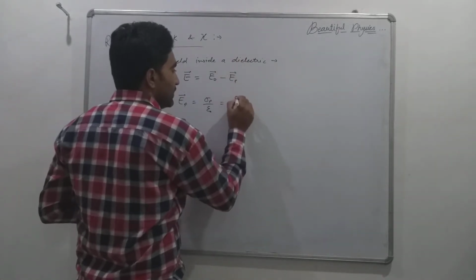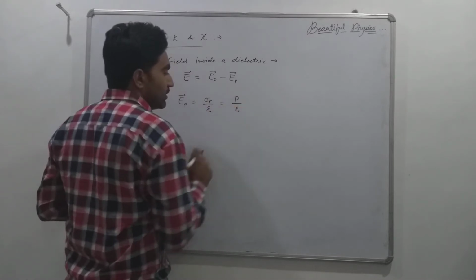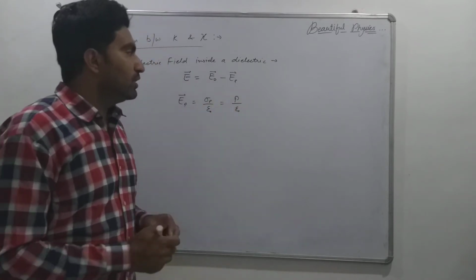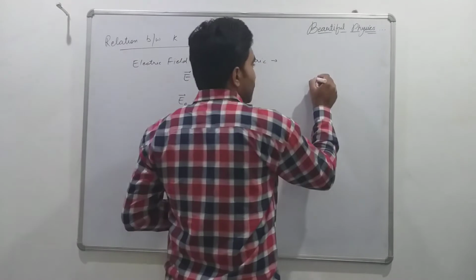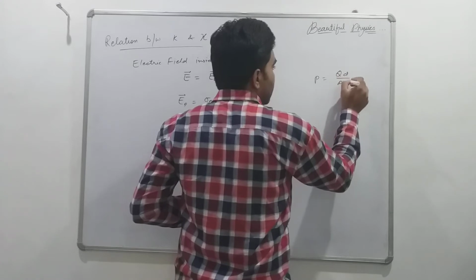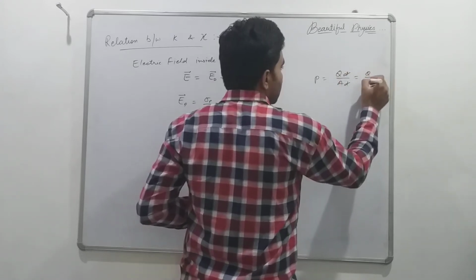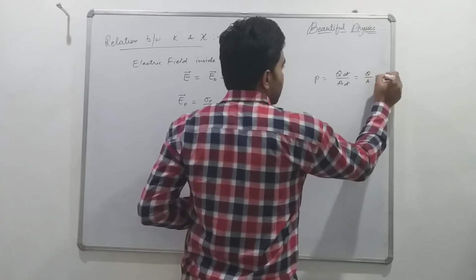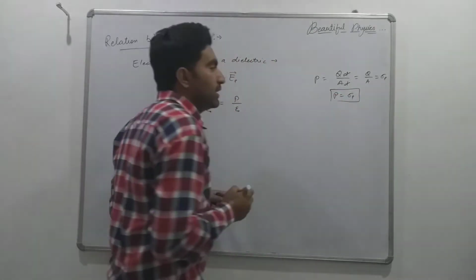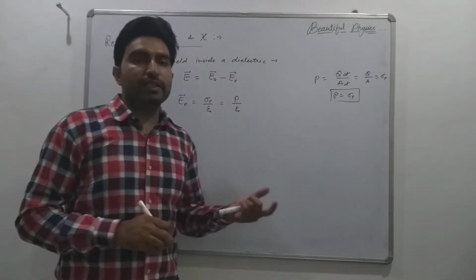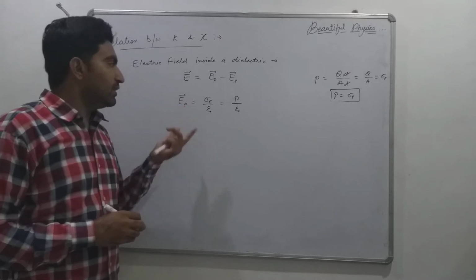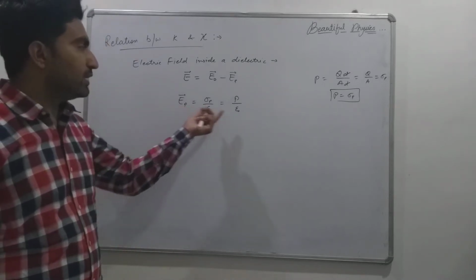We have already discussed in the case of polarization that polarization is equal to sigma P, because polarization is the net dipole moment per unit volume, and when we solve this it will equal Q by A, which is equal to sigma P. So the polarization density P is equal to the surface charge density due to polarization.